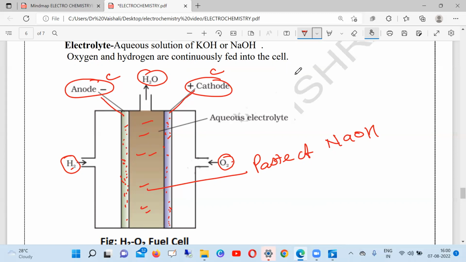And third, which is very important, its efficiency is very high. Its efficiency is 70%, while the thermal power plant efficiency is only 40%. So it's economical as well as eco-friendly.